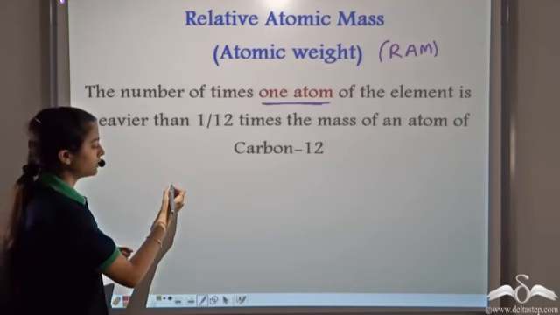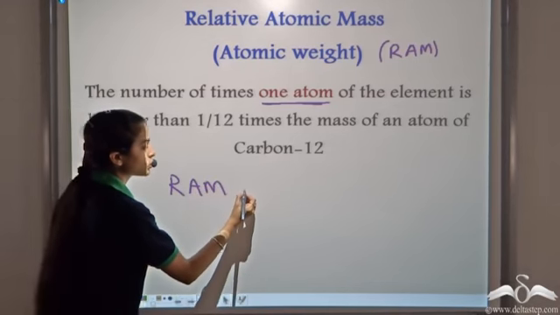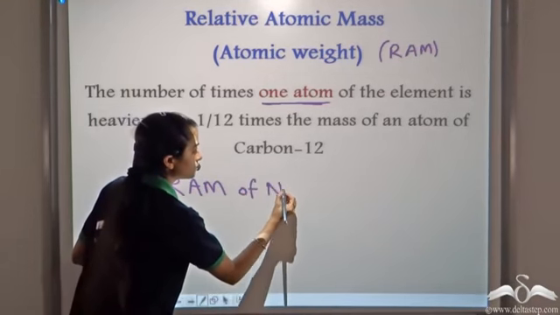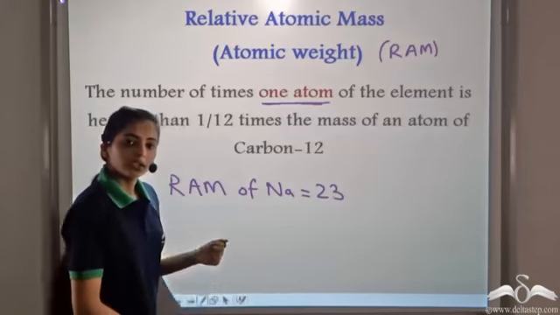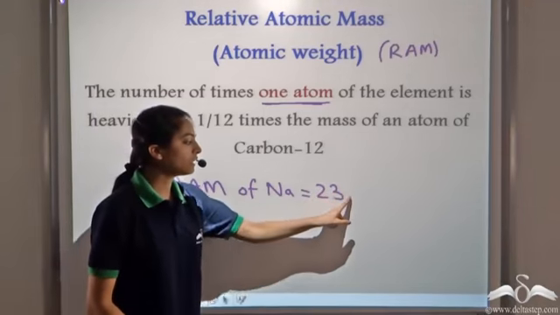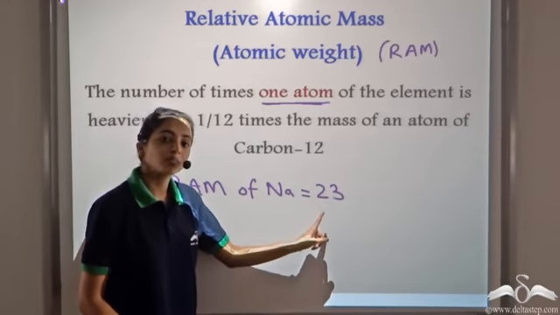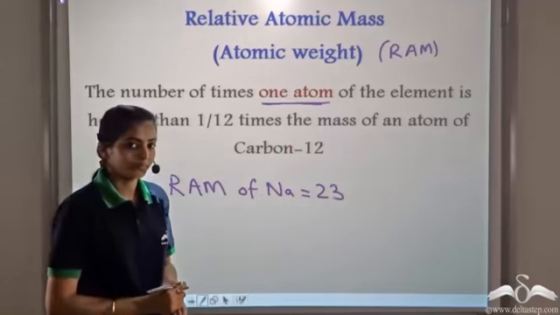So if we have the relative atomic mass of sodium, which is equal to 23, this means that one atom of sodium is 23 times heavier as compared to 1/12 the mass of one carbon 12 atom.